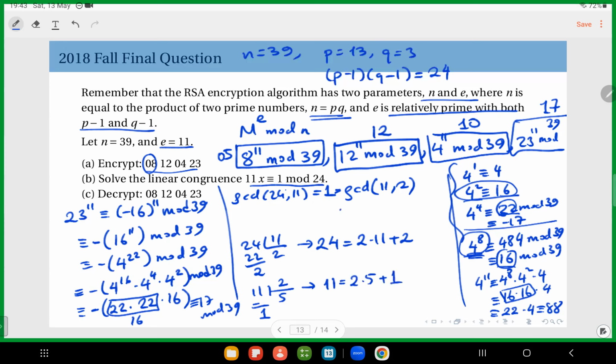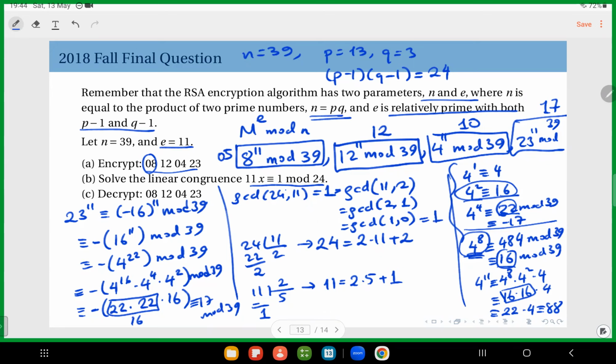That means this is equal to GCD of 2 and 1. And obviously, when you hit 1, the next step is obvious. You will divide 2 by 1, and the remainder will be 0. Therefore, this will be equal to GCD of 1 and 0, which will be directly equal to 1. And the algorithm will stop.